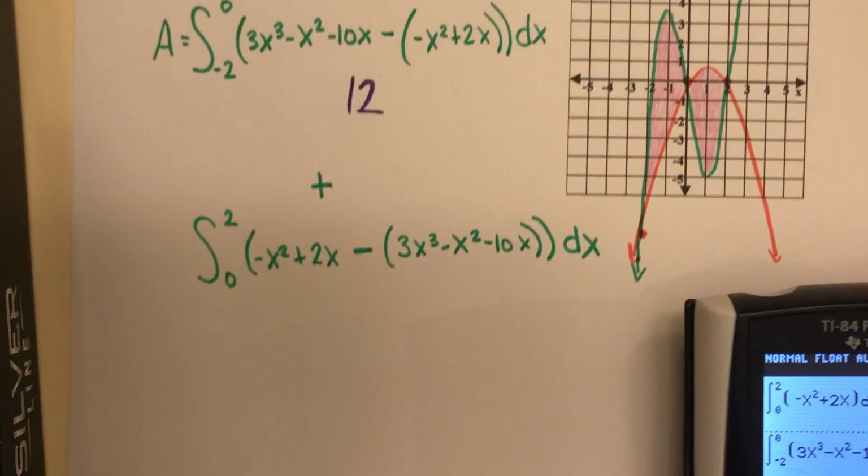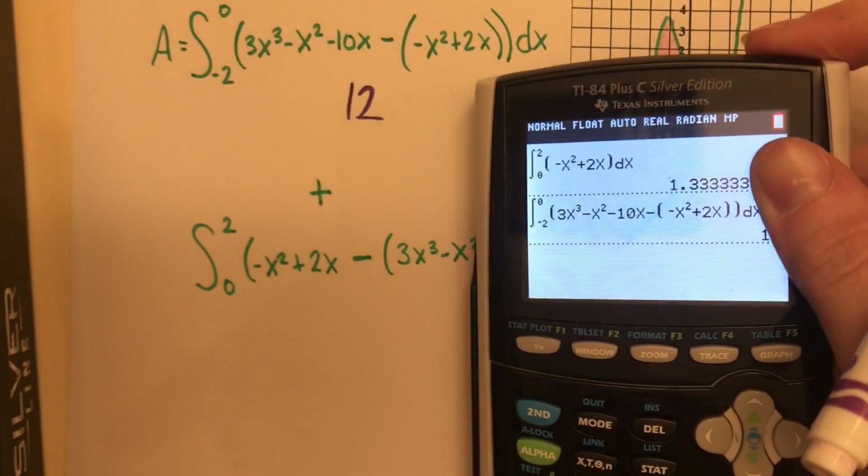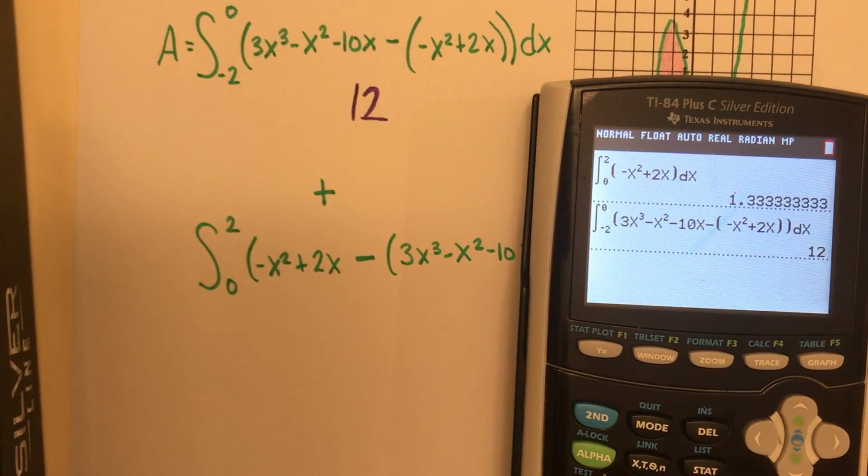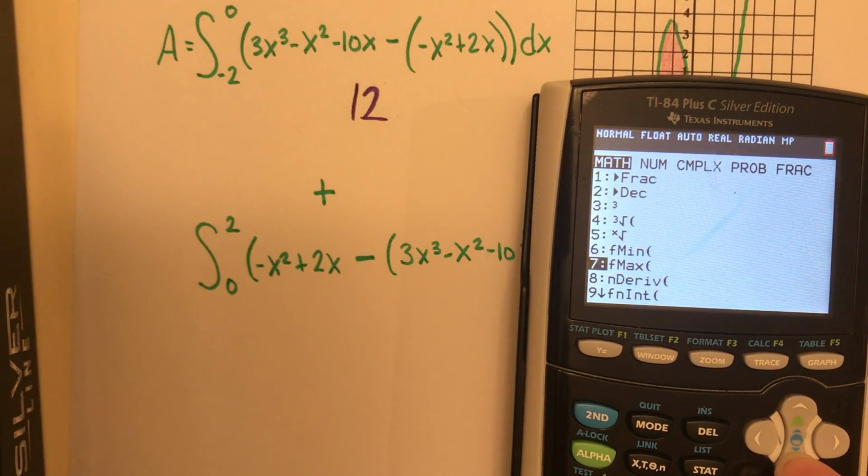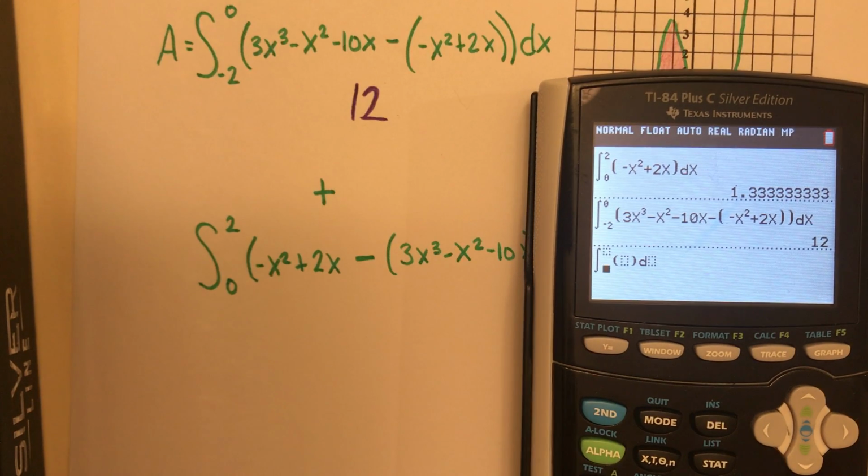Okay, so now I'm going to do the same thing with the second equation here. So I'm going to go back to Math, number 9, and I'm going to type this one in, 0 to 2, -x squared plus 2x minus 3x to the third minus x squared minus 10x.